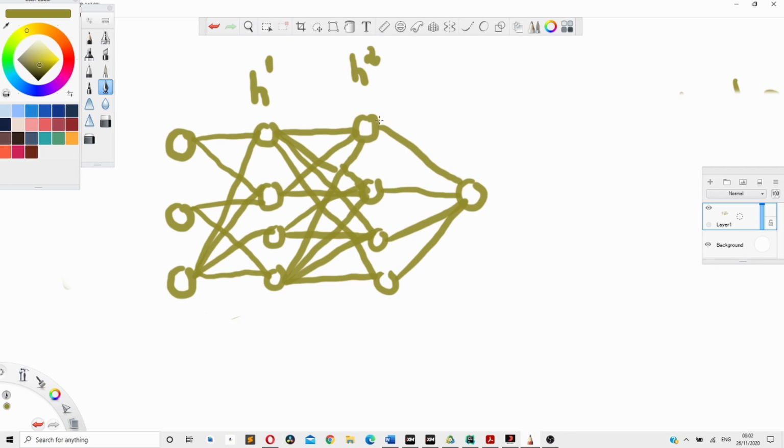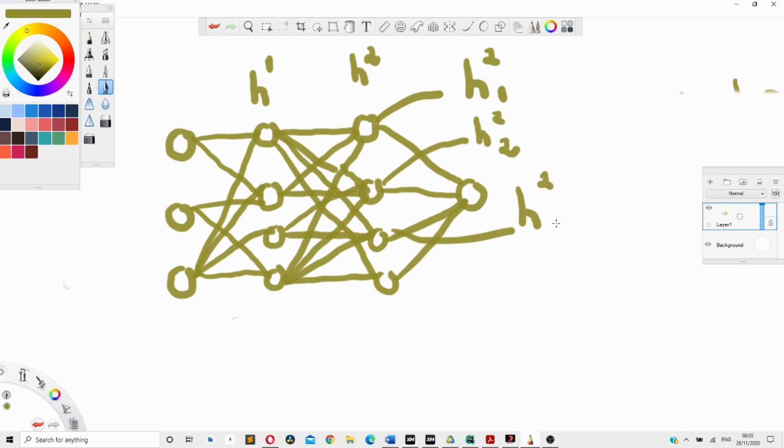So this neuron in the second hidden layer is going to be H2 1, this one is H2 2, this one is H2 3, and this one is H2 N, since we might have N neurons, right?